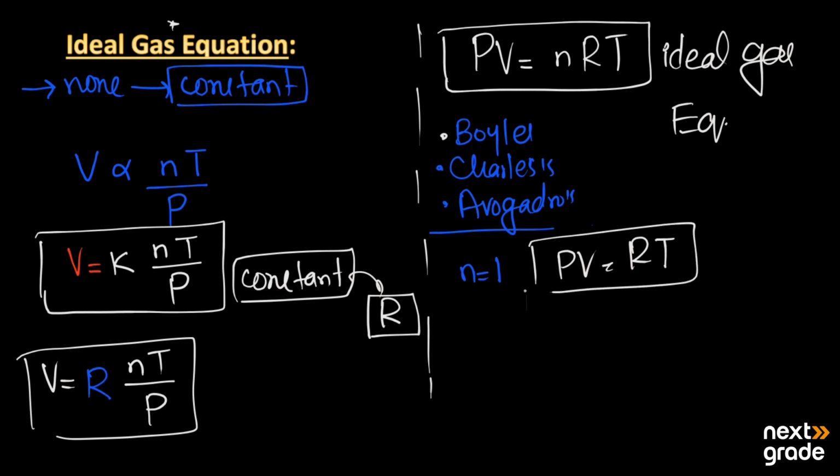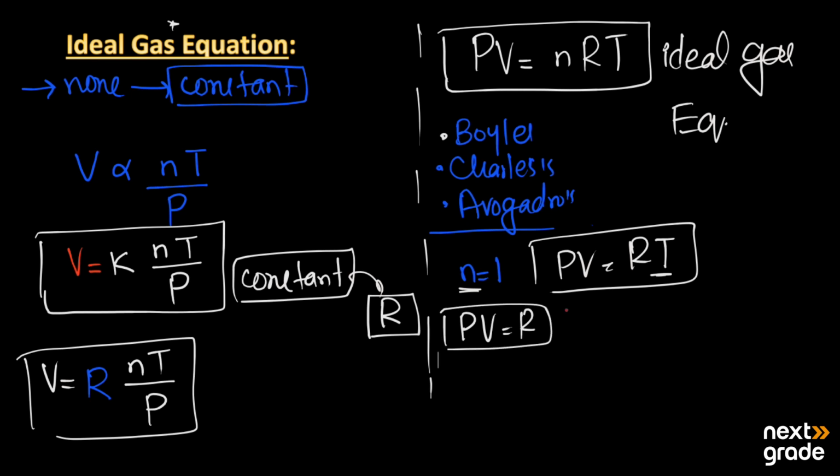On the other hand, if we hold temperature and number of moles constant in this equation, then the equation will be P times V is equal to R.